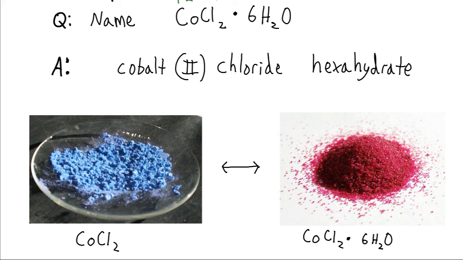You could heat your hydrate over here to drive off the water, and it would turn blue. And then you could add some more water back to it in order to hydrate it, and it would turn pink over here. So that's what we mean by saying these aren't chemically bonded. We can basically transition between these as a physical change rather than a chemical change.